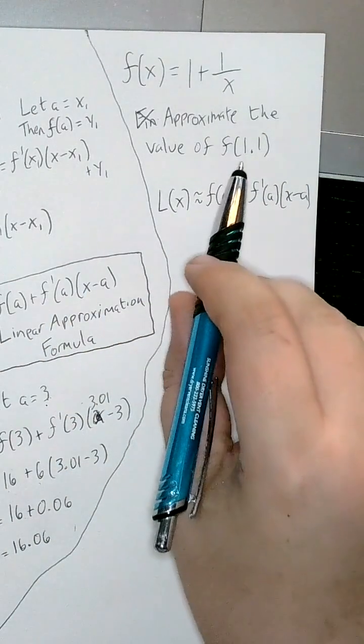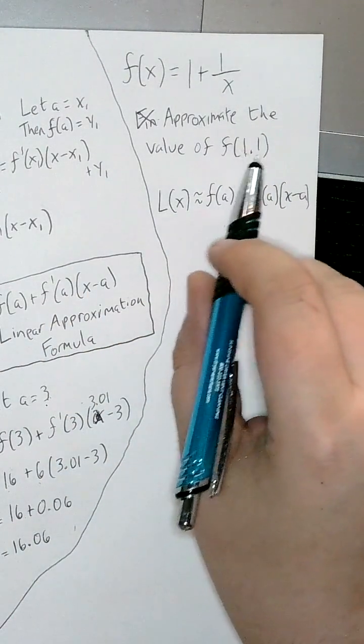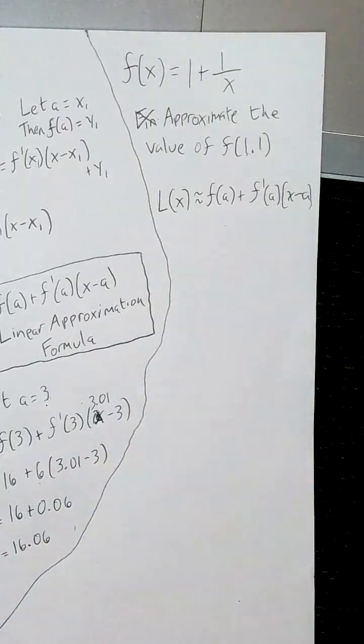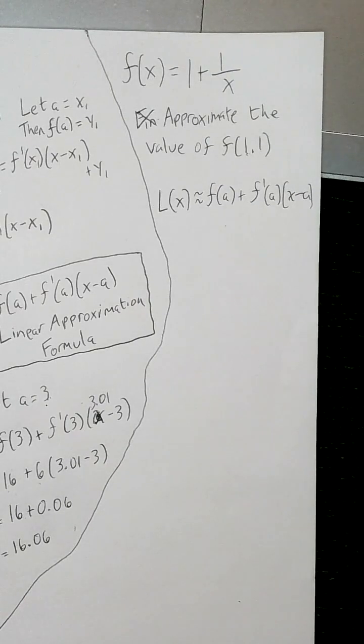So my x value is my point of interest, which is 1.1. What should I choose for a that's relatively close to 1.1 and that will work nicer than 1.1? What do you think?